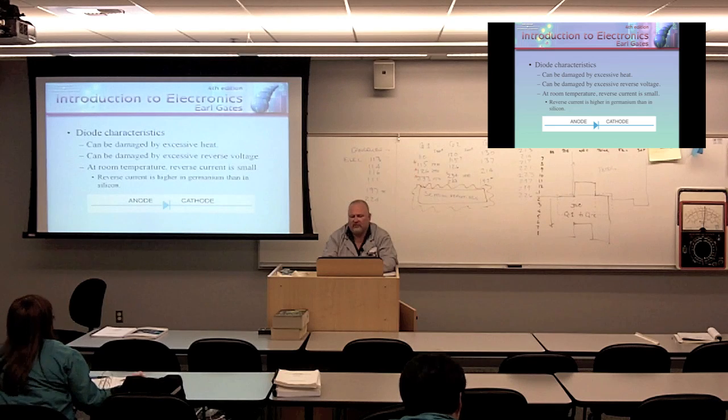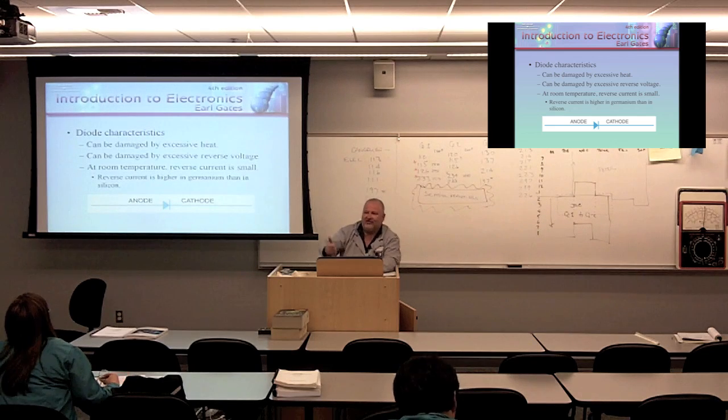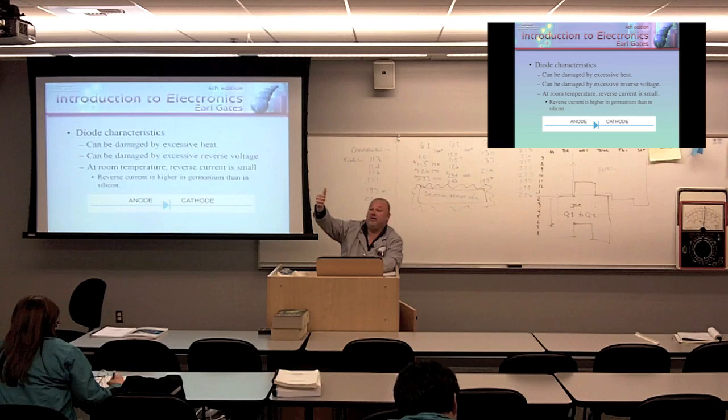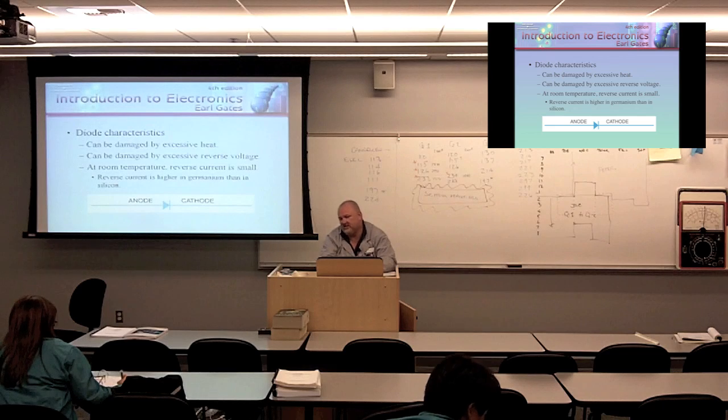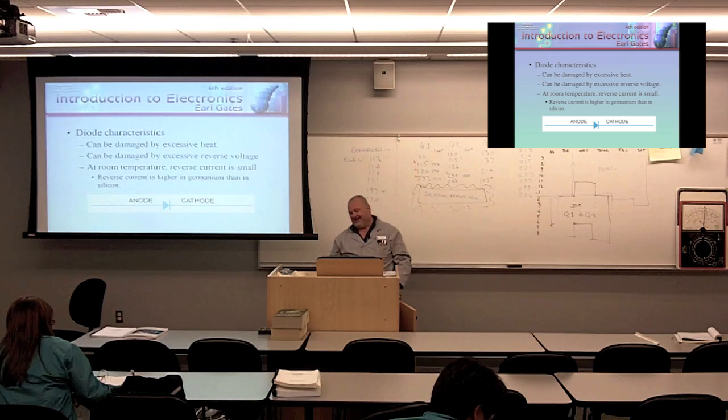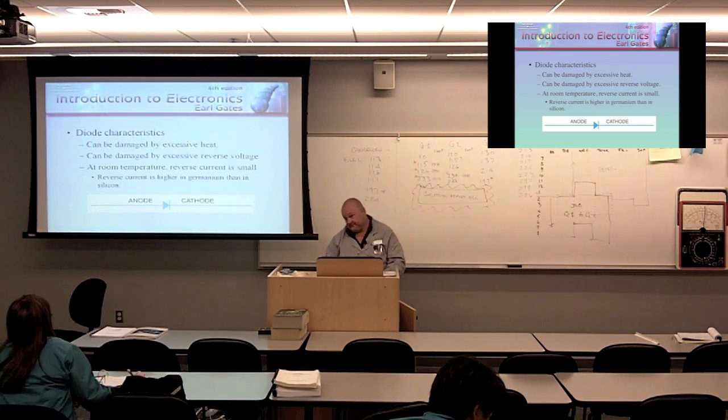Now, at room temperature, reverse current is going to be very, very small. Room temperature, a diode sitting there on the table. And obviously, as we know, as temperature increases, the resistance of the component decreases, therefore allowing more current to flow through it. So engineers really have to take this into consideration when they're putting something together. This is one of the things that all of you will be held accountable for with your projects.